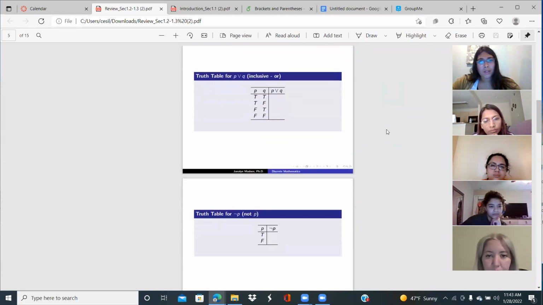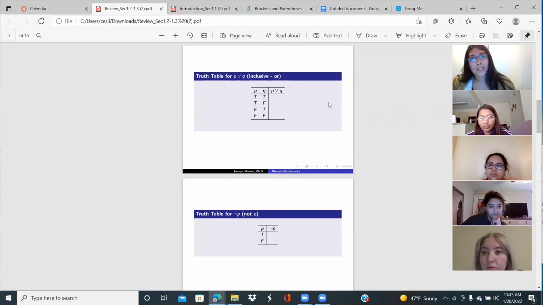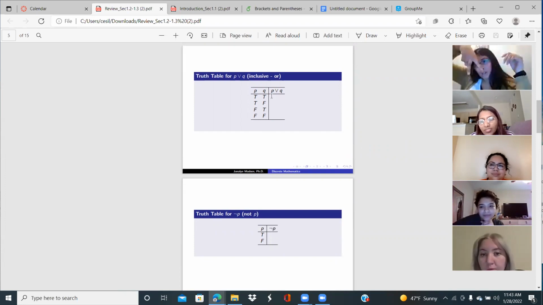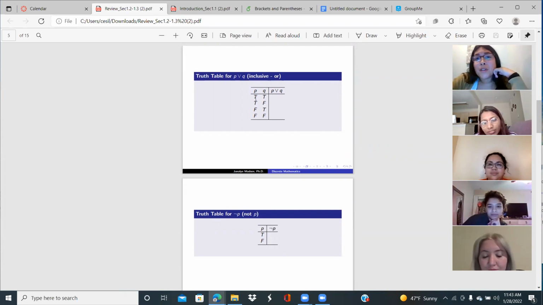Okay, this is where we left off right here. I wish I had something to draw it on, but I don't have a touchscreen laptop. Marina said that this one is more like the N, I just saw it as an A. For the one that's like the V, I just see that as an or. For this truth table, true or true is still going to be true.